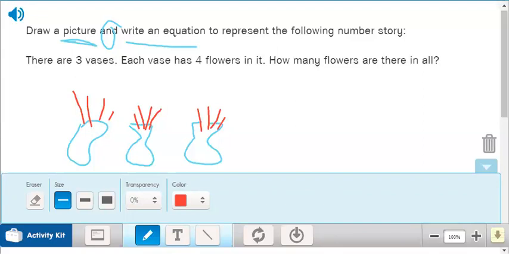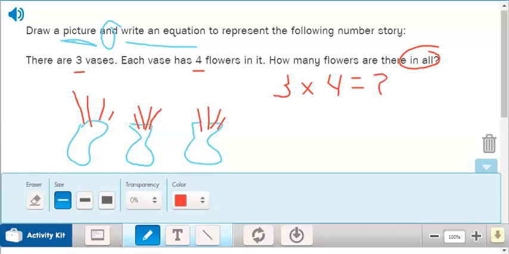So how many flowers are there in all? That "in all" is a good clue for us as we're working. All means we're either going to add or multiply. Well, if there are 3 groups of 4 each, that helps us know that we're multiplying. So we just go 3 times 4 equals question mark.